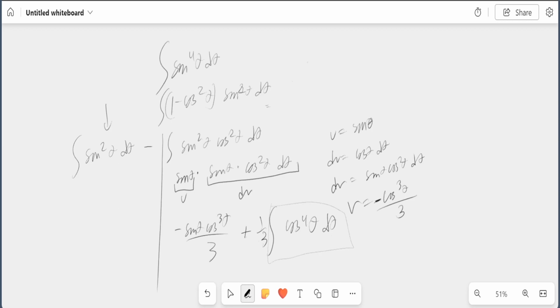Because if I try doing this whole process, it's likely that everything is going to cancel out and get 0, right? Yeah. So I guess that's why you don't want to do this by parts. You want to do it with, I think they call it power reducing. That's what they do it for.